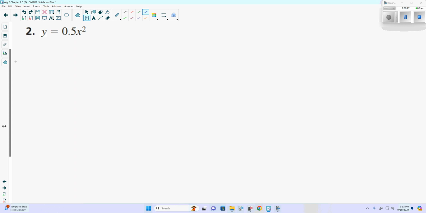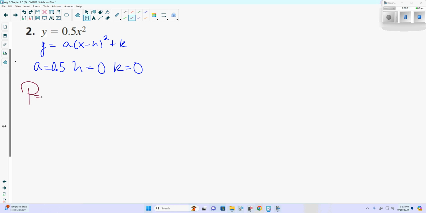It doesn't change it. So here, y is equal to a times x minus h squared plus k. A, h, and k. Well, a is what? 0.5. H is? 0. K is? 0. Well, since we're already doing calculations, let's find p.